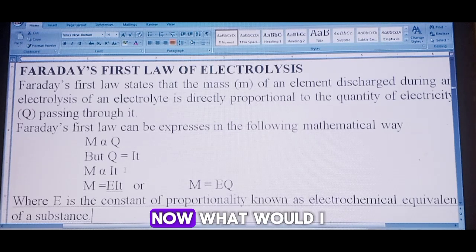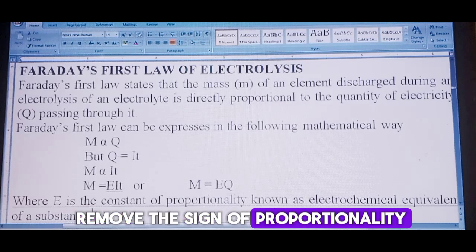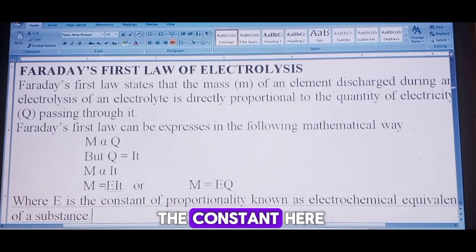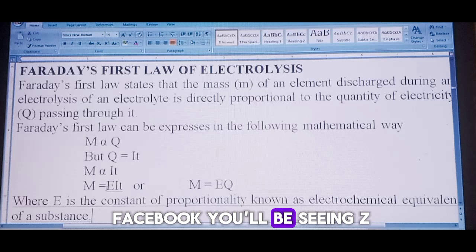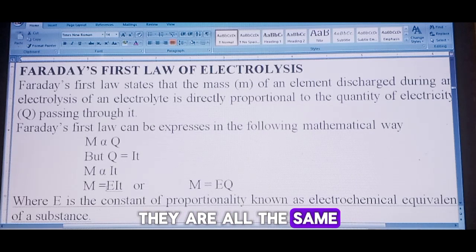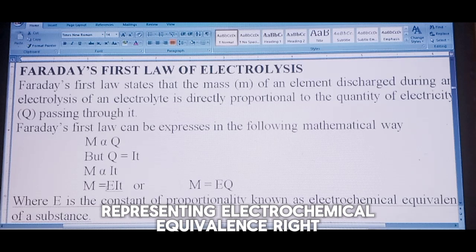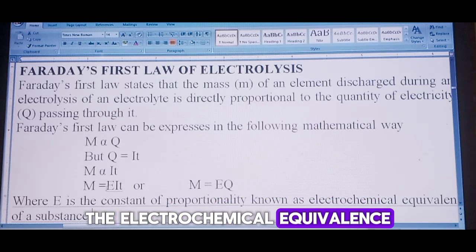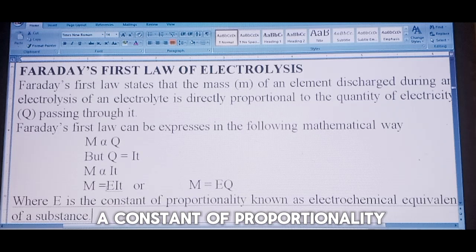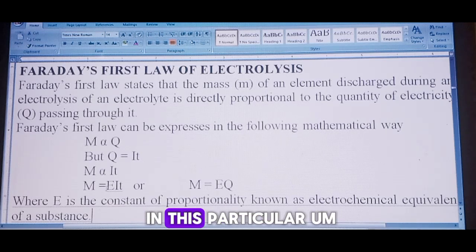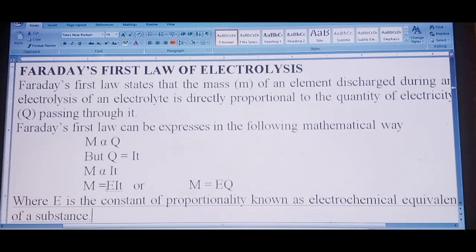So this means that M is directly proportional to IT, or M is directly proportional to Q. Now when we remove the sign of proportionality, we introduce the constant here, which is E. And E here, in some textbooks you'll see Z. They are all the same. E or Z represents the electrochemical equivalent, which is a constant of proportionality in this particular equation.